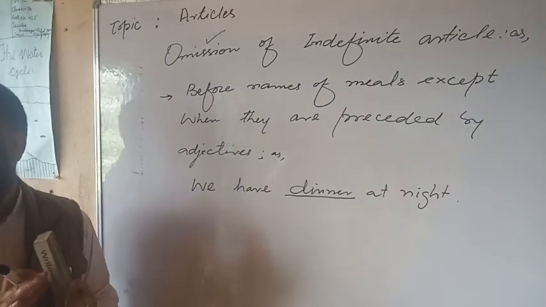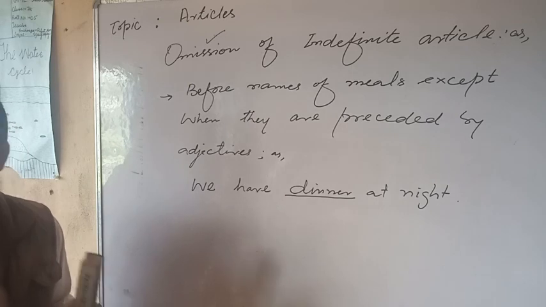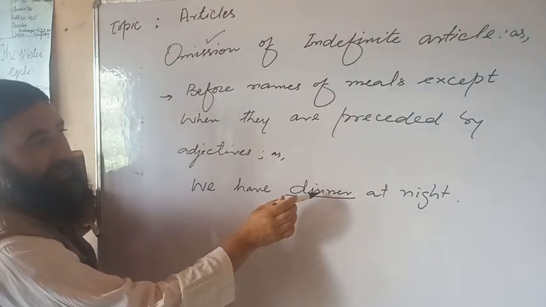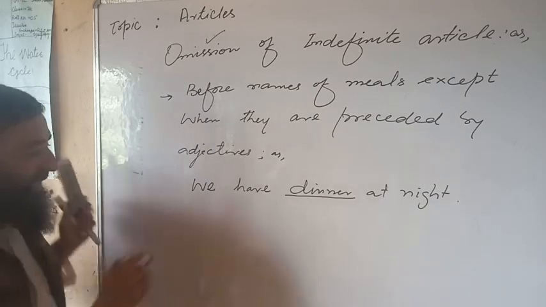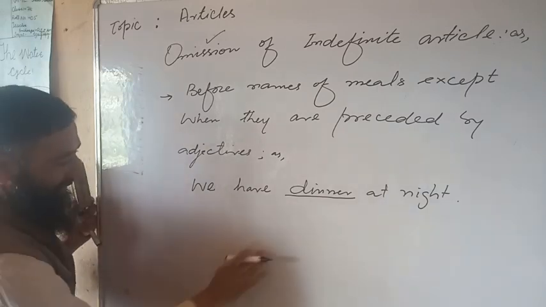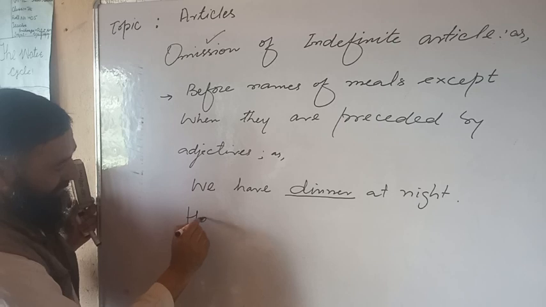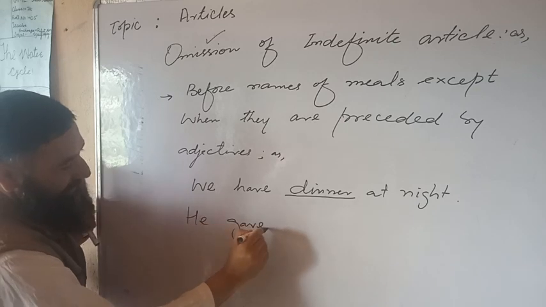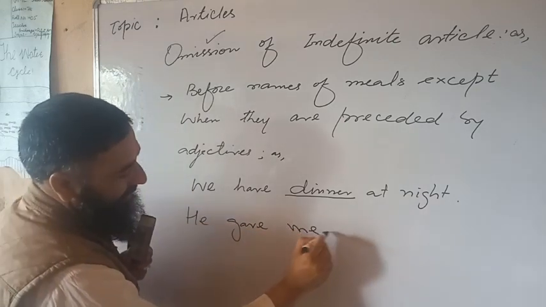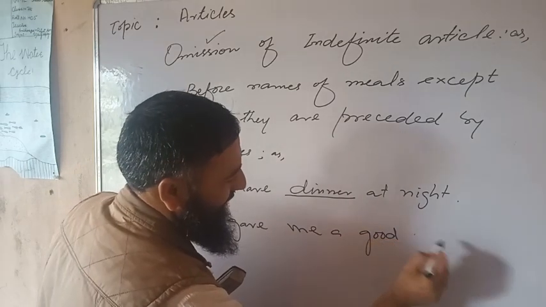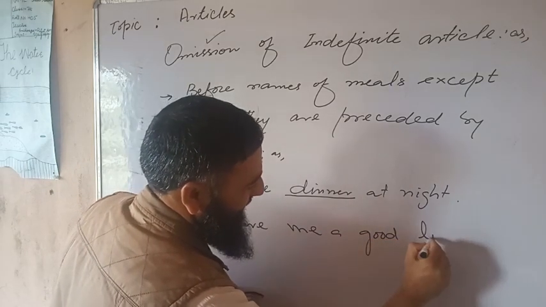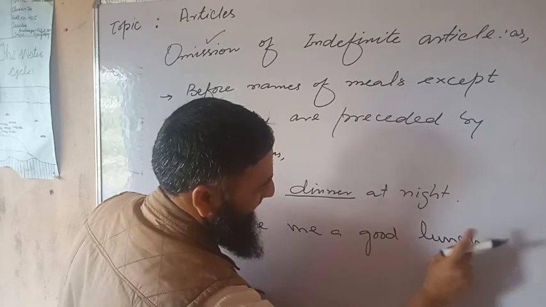So you will use no article, but the exception is when this meal is preceded by an adjective. For example, he gave me a good lunch. A good lunch.